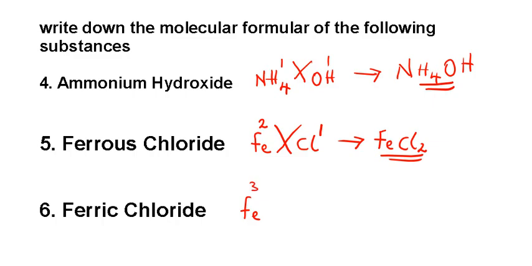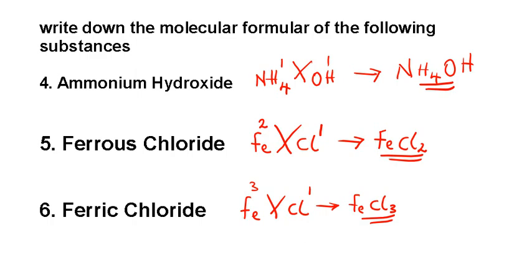When we do that, we have Fe, then Cl3, which gives us ferric chloride. So remember I told you, when you have a compound, please make use of their valency.